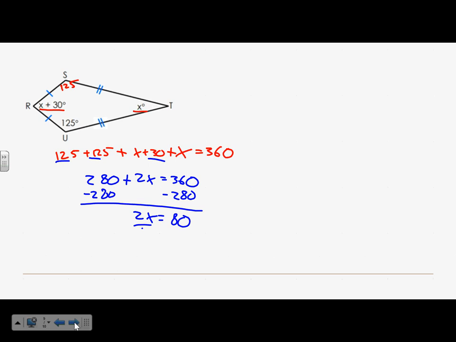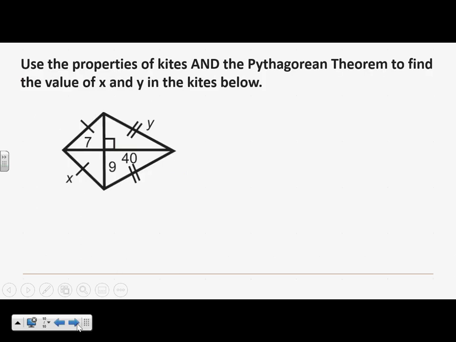Divide both sides by 2, x is equal to 40. So again, that's another one that we didn't really use a trapezoid formula, but you have to make sure, and that's where this stuff gets confusing, is remembering everything that we've learned so far. There's a lot of little things that come into play. And I will give you a heads up and be nice that I'm not going to throw any trigonometry in here because that's another thing we could do.